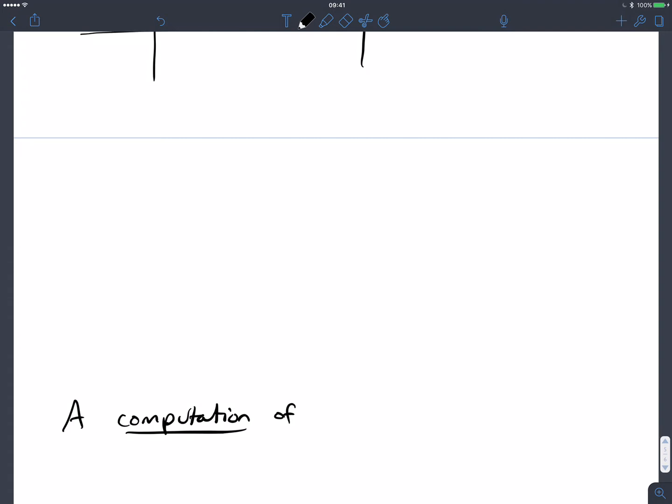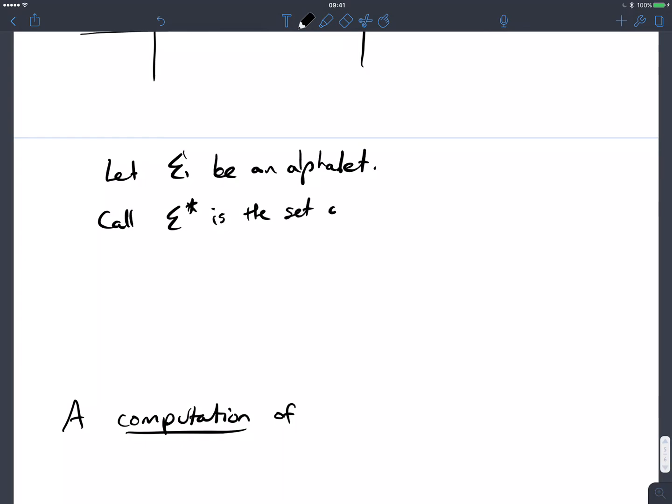We need to give some notation for that. So let's let sigma be an alphabet. And what we're going to call sigma star is the set of all strings over sigma.